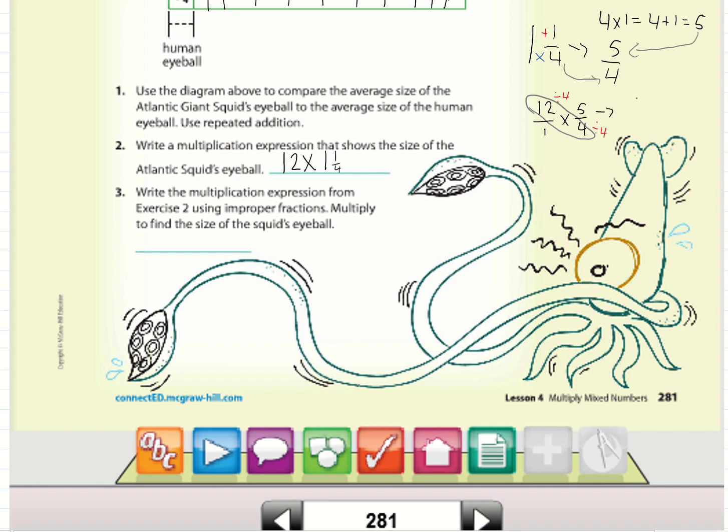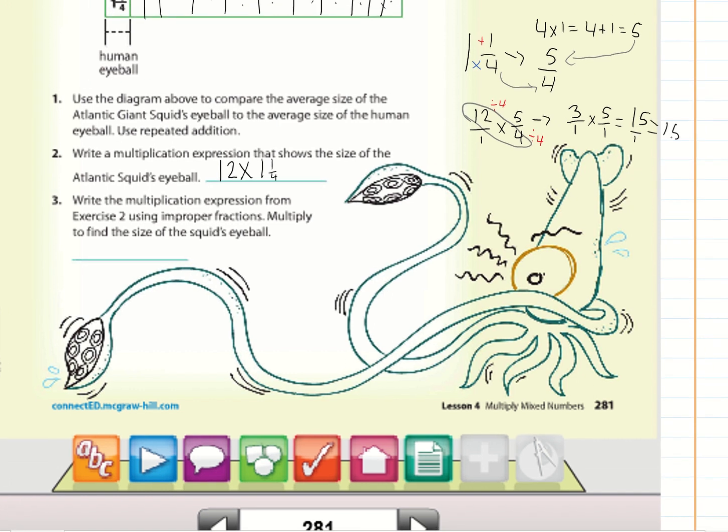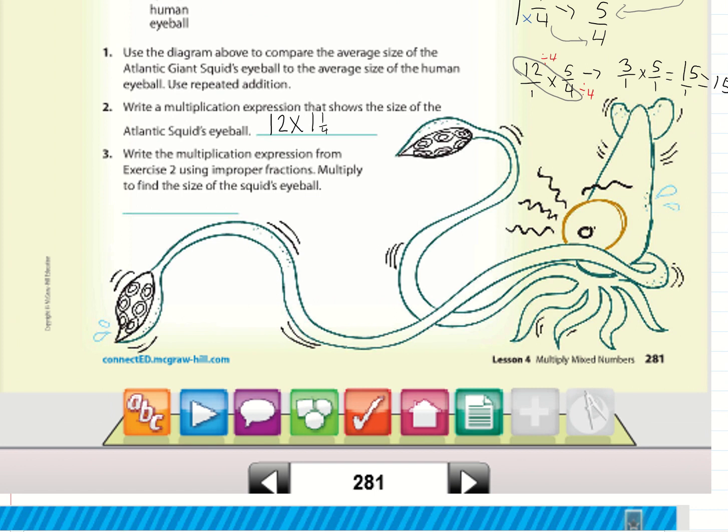So I can rewrite this as 12 divided by 4 equals 3, times 5. 4 divided by 4 is 1. So I get my final answer of 15/1, which equals 15. So 12/1 times 5/4 is going to equal 15 inches.